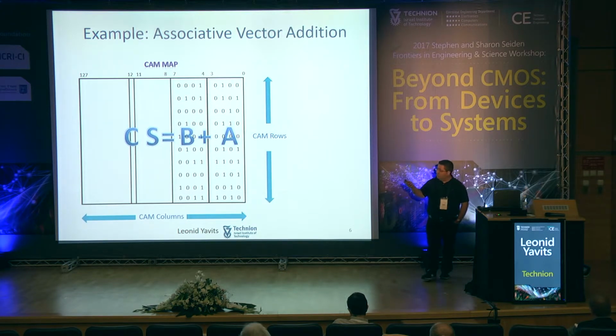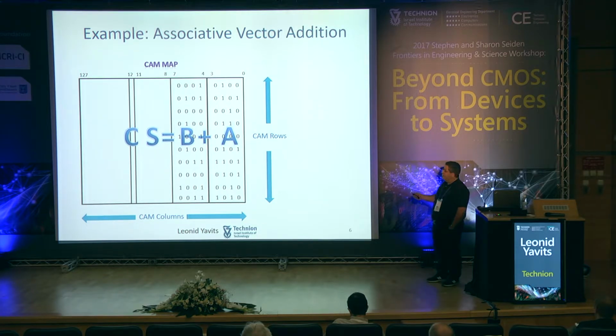And I will give you a specific example of associative processing: calculating the sum of 2 vectors. So this is the associative memory. It has 128-bit columns and a known number of rows.